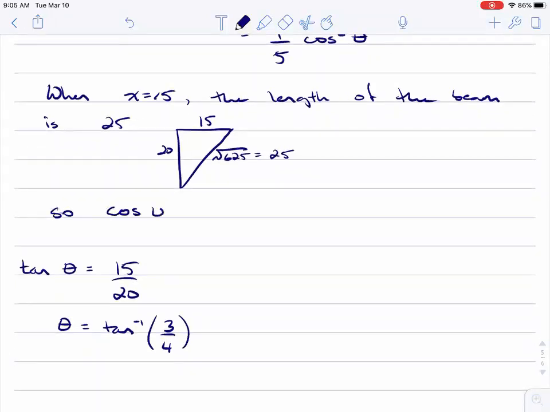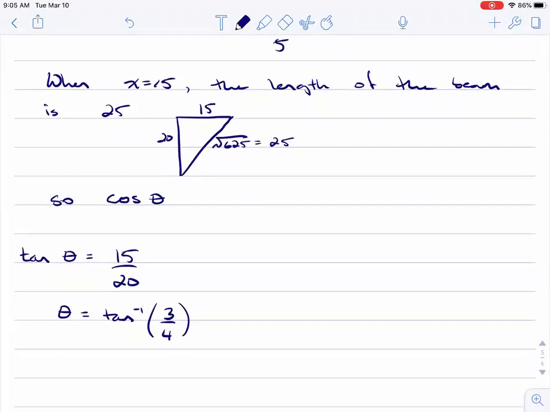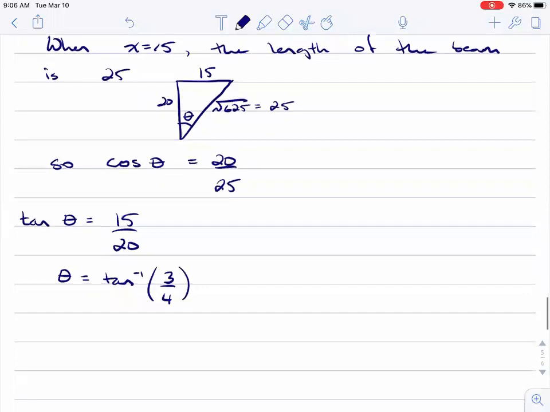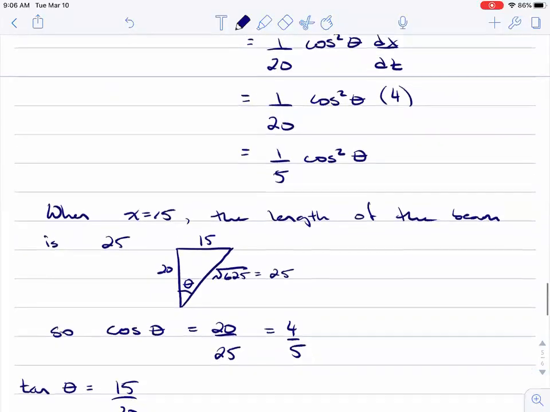So cos theta, oh, it's because we're not solving it. Okay, it would probably work. So cos theta is going to be, and here's theta, cos is adjacent over hypotenuse, so 20 over 25. Cos theta is 20 over 25, which is 4 over 5. The reason they wanted cos is because we've got the cos squared.